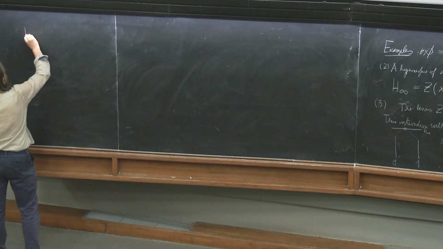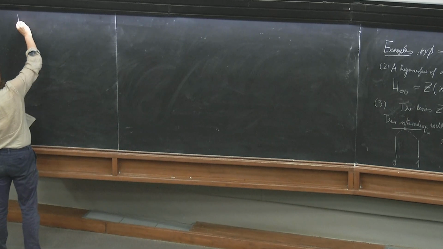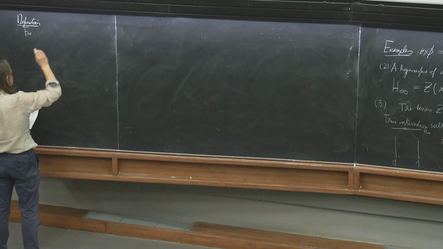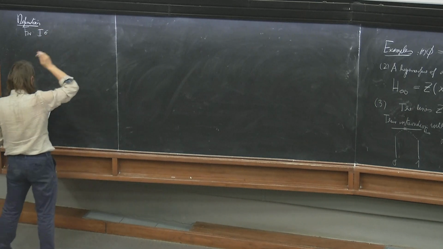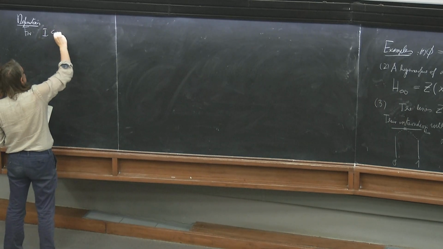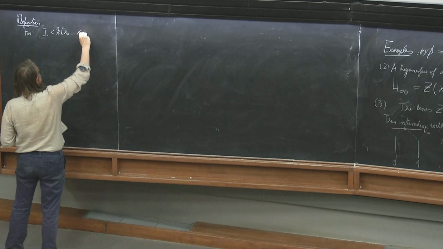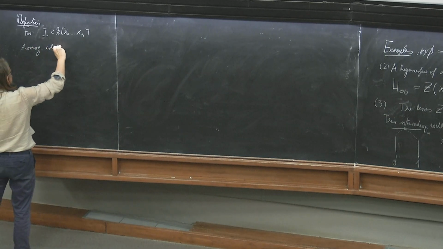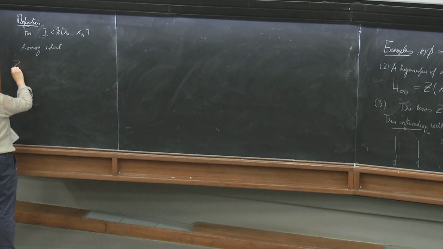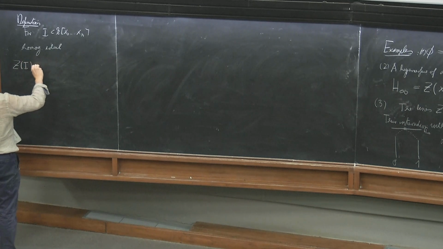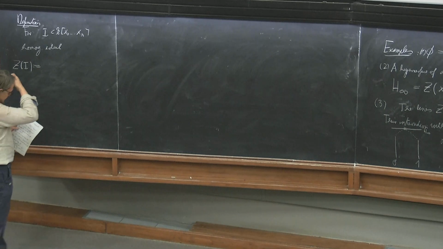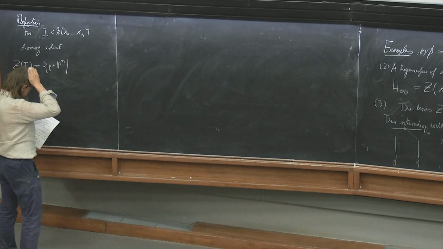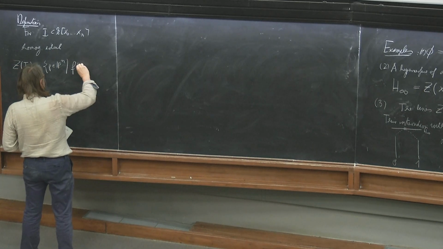So for the definition: for an ideal I, a homogeneous ideal, I subset k[x0,...,xn], the zero set of I is not precisely what one would think. This is the set of all p in Pn such that f of p is equal to 0.